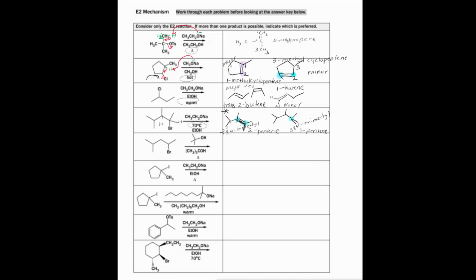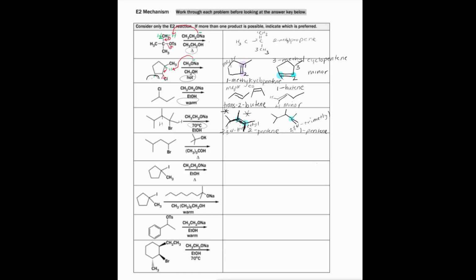There are 2 carbons here. There are 2 methyl groups. So 1, 2, and here's a methyl group, 3. Ooh, I'm wrong. 4. It's tetra-substituted. There are 4 carbons attached. I was wrong. So this is still the preferred one because it is more substituted.